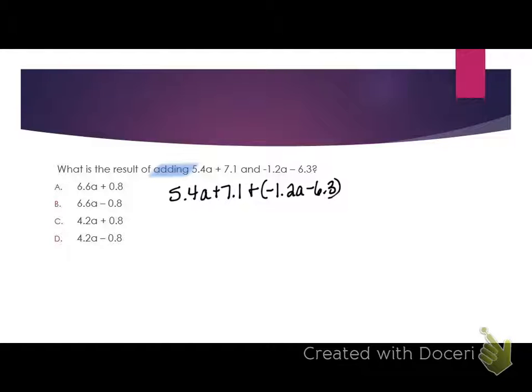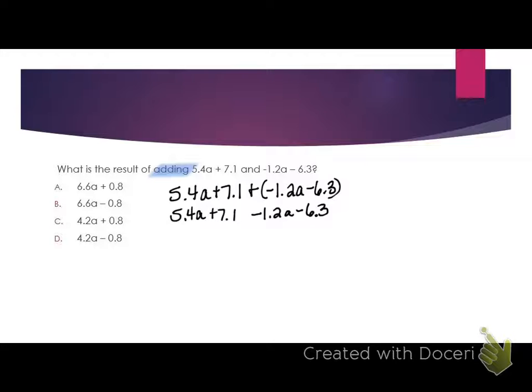So that means that you are adding a negative 1.2a, which is the same thing as subtracting 1.2a, and you are adding a negative 6.3, which is the same thing as subtracting 6.3, and you are doing that to the original, which was 5.4a plus 7.1.